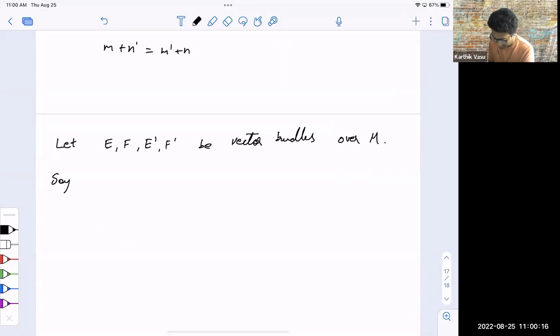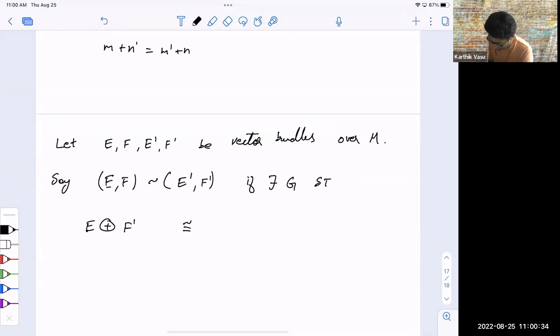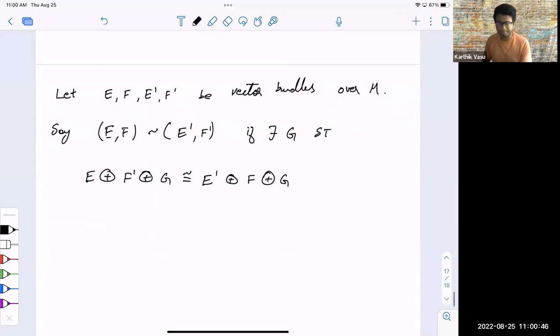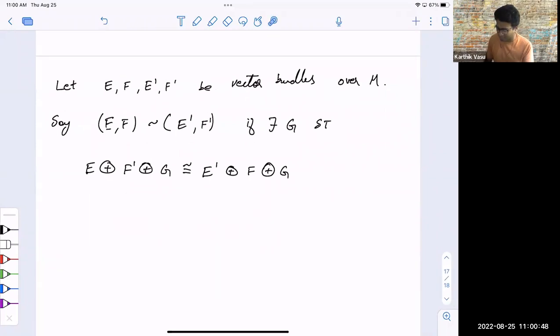So we will say that E comma F is the same as E prime comma F prime if there exists a G such that, from the previous, I wanted E plus F prime to be isomorphic to E prime plus F, but now I want cancellation, or just I want to ignore some triviality, so I will also add these. So basically, this will be my final equivalence relation.